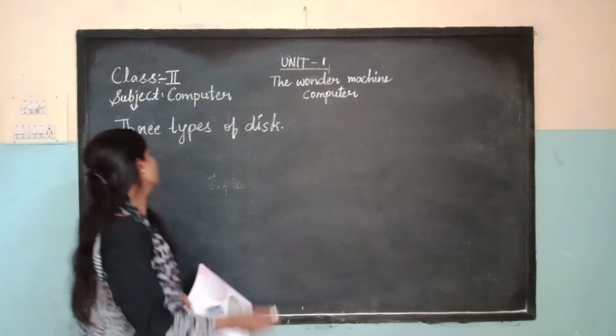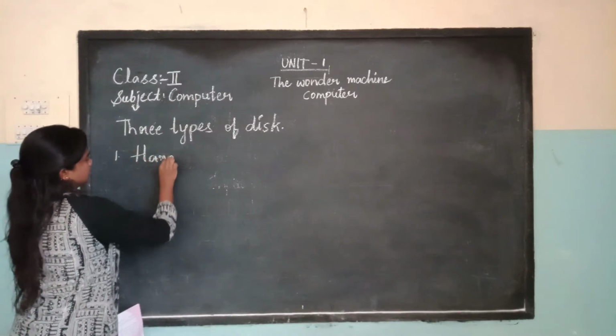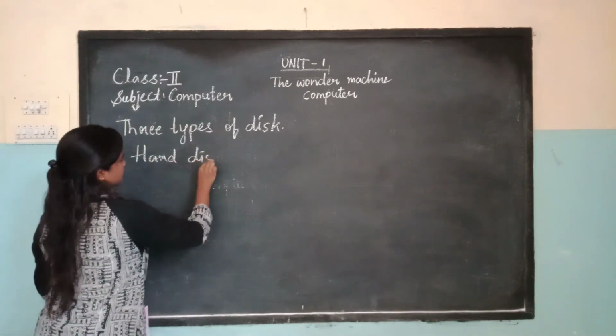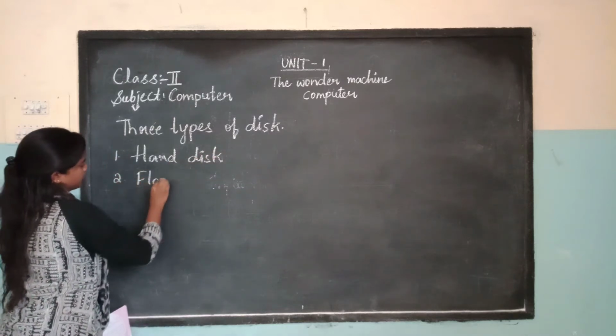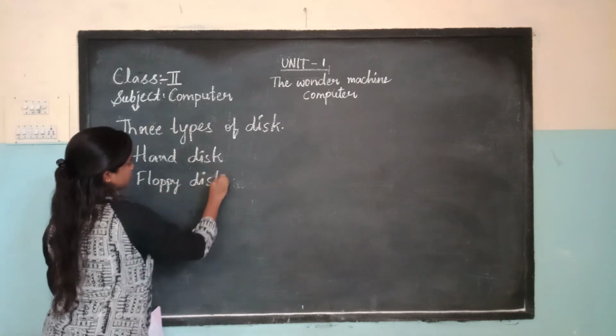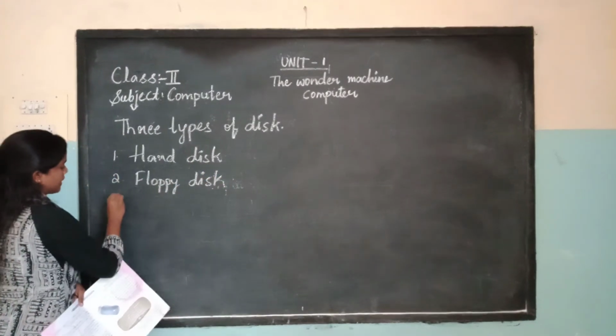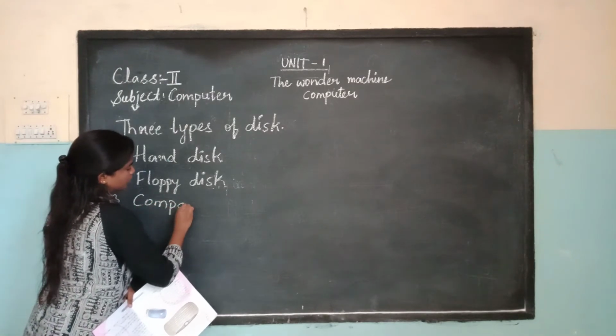There are three. What are they? First one is hard disk. Second one, floppy disk. And third one is compact disk. It's nothing but CD. Okay.